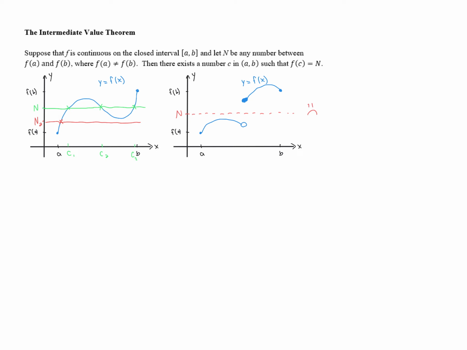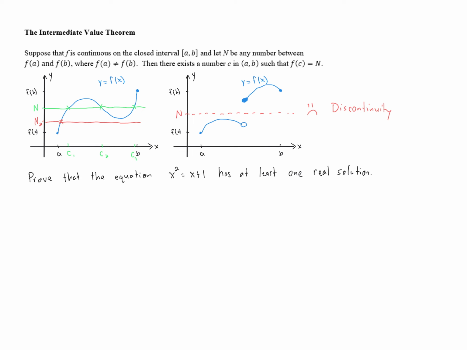And that happens because of the discontinuity. But if we have a continuous function, we know that when we're drawing the graph of a continuous function, we don't pick up the pencil. There's no breaks. And so if we want to start down here at f of a and end up at f of b, of course we're going to have to cross any line in between those two. Now let me show you how this can be very useful.